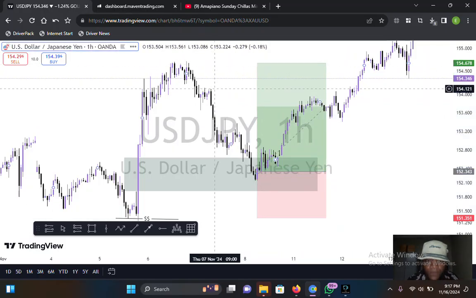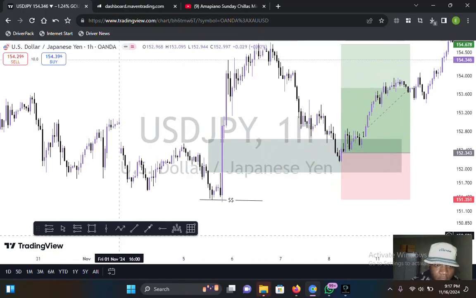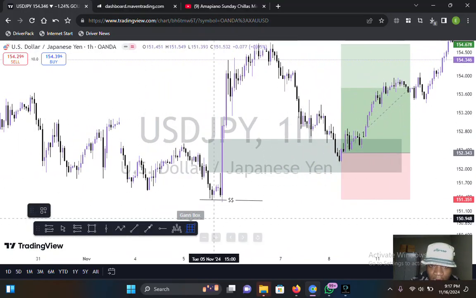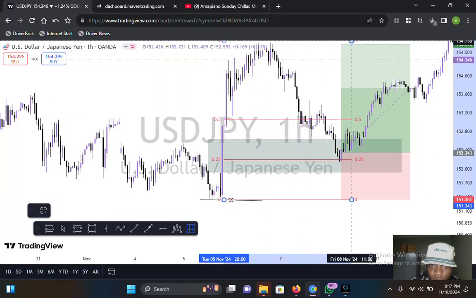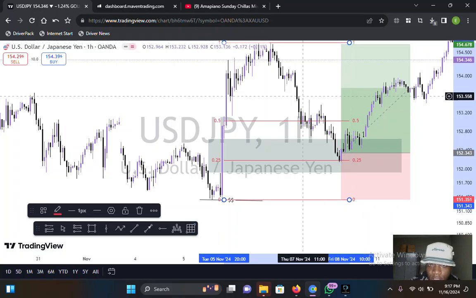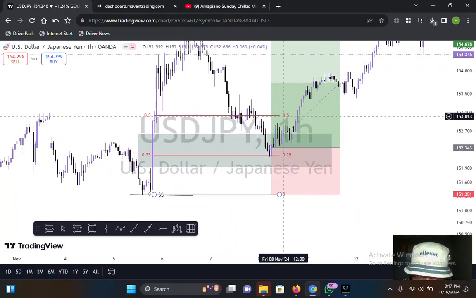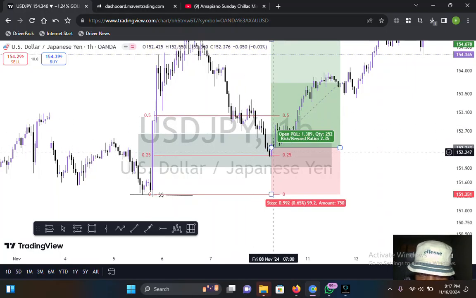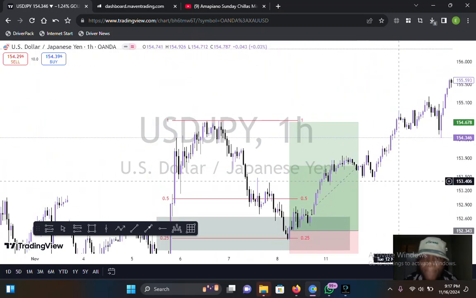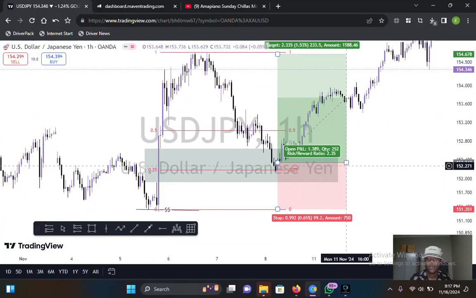You can use the tool to see if we are really in the discount or premium zone. See, the tool says it all. This is the tool, exactly only 25%, 0.25. Boom, price moving higher.